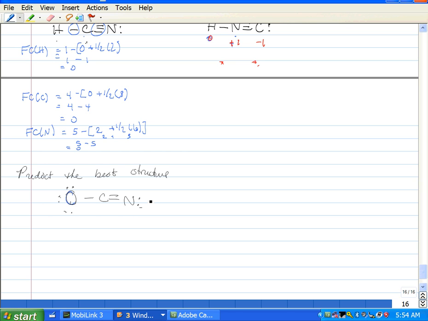This doesn't look right to me at all. I got this out of the book.